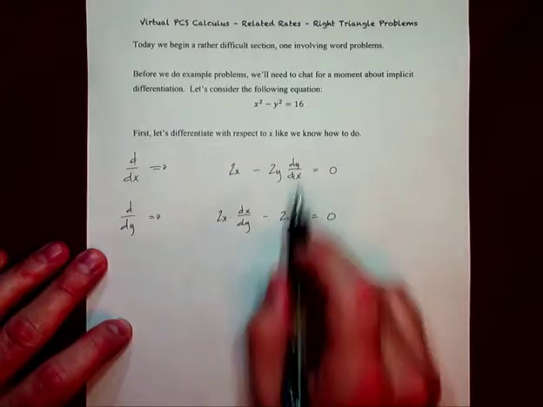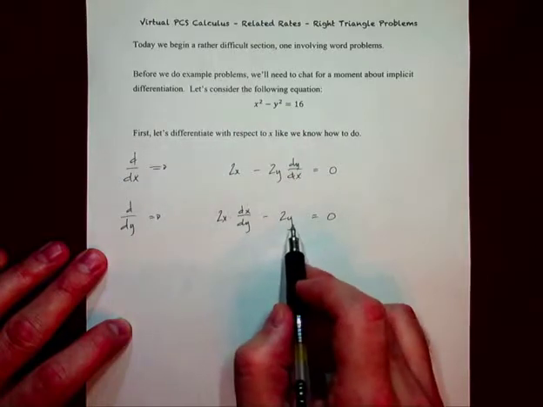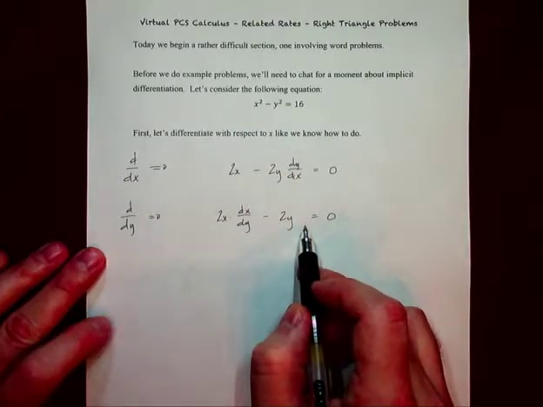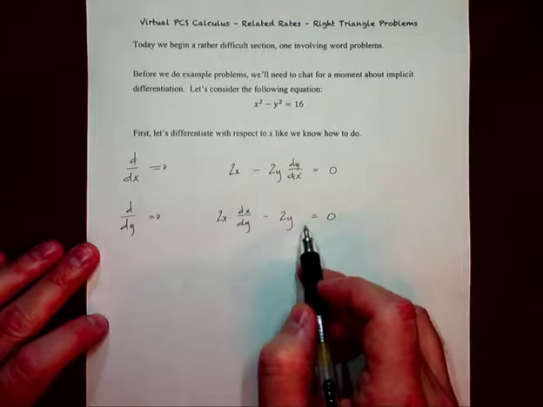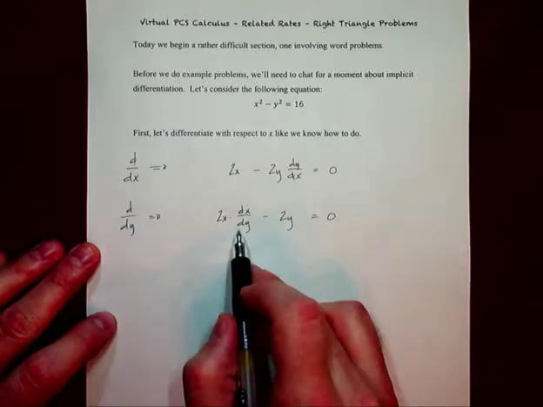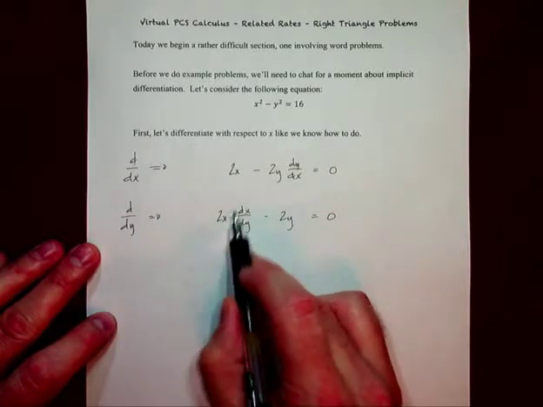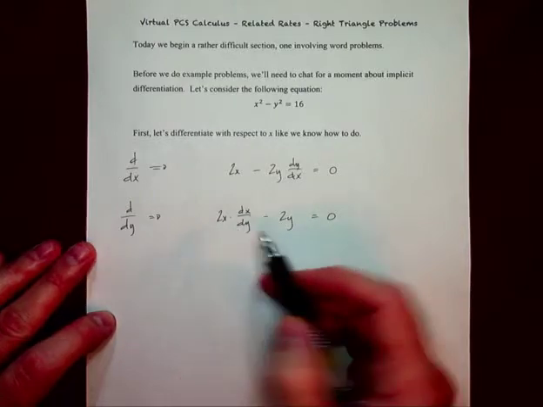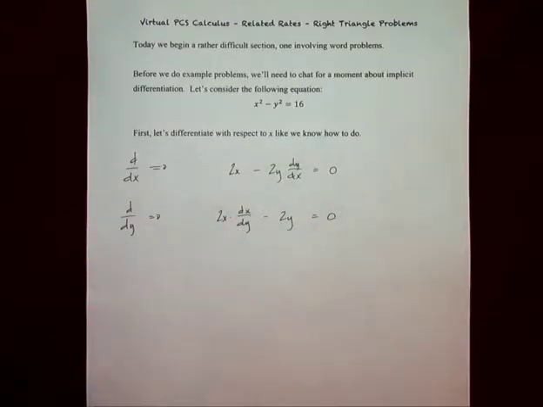Here, when it goes to y squared, you get 2y dy/dy, but anything over itself is 1. When it doesn't agree, you have to put something to represent the rate of change of that implied relationship of the one variable to the other.